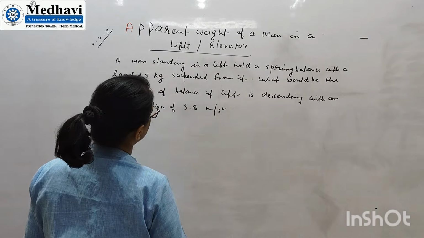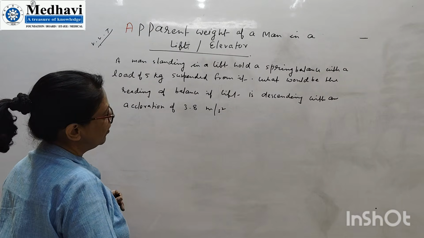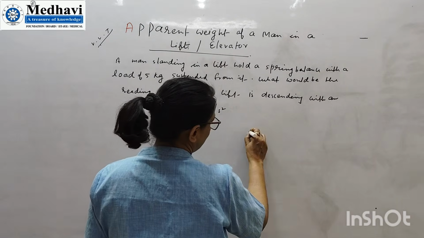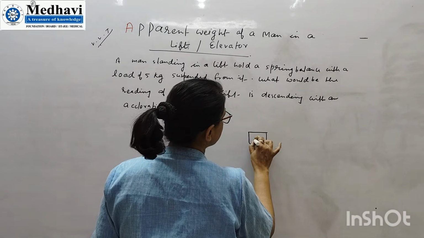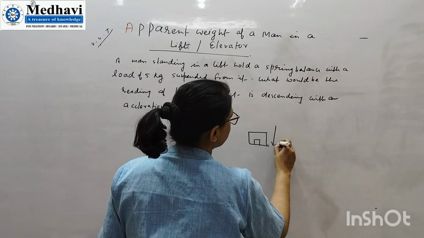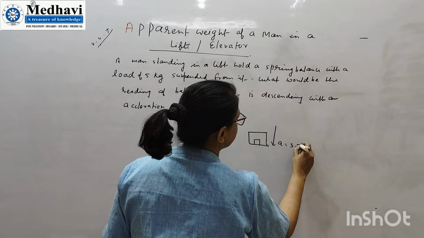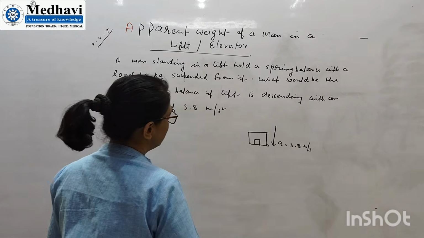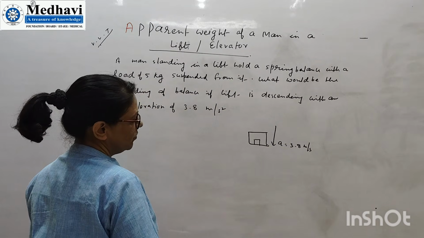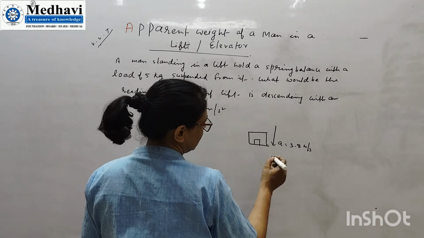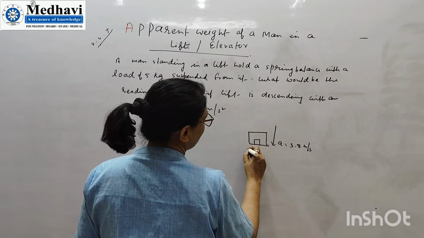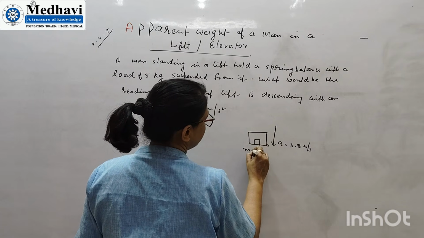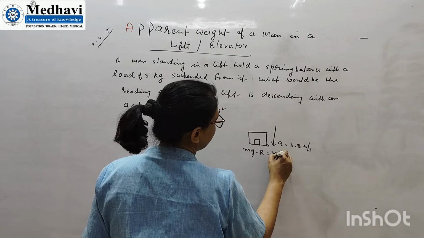So if you remember the formula, when the lift is going down: suppose here is the lift, the person is there, and a is 3.8. Descending is given, that is going down; ascending is up, descending is down. So we can write the formula mg minus R is equal to ma.